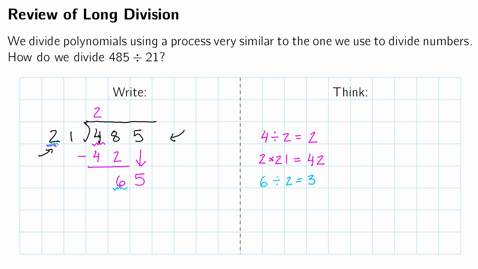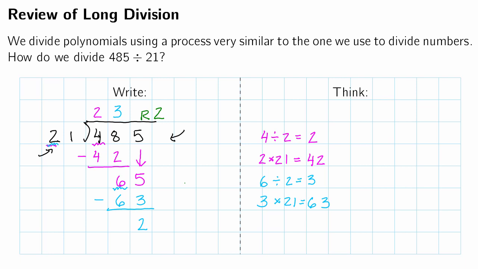Our guess is that 21 goes into 65 3 times, and then 3 times 21 is 63. We subtract. 65 minus 63 is 2. And now we're out of digits to bring down. So the last thing we do is to say that we have 2 left over. In other words, we have a remainder of 2.